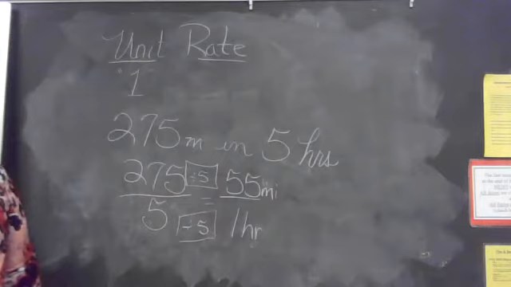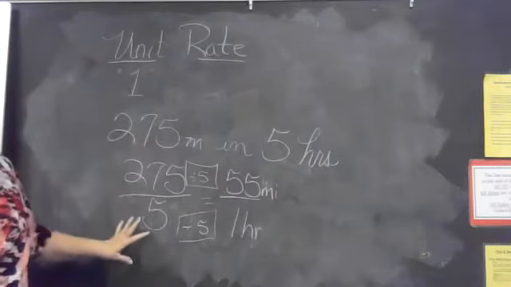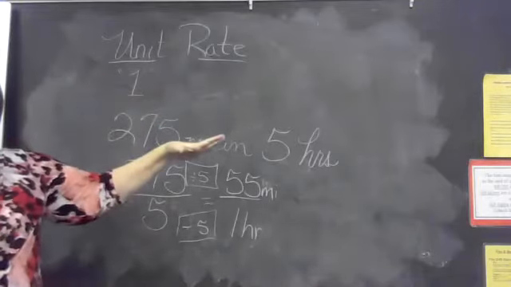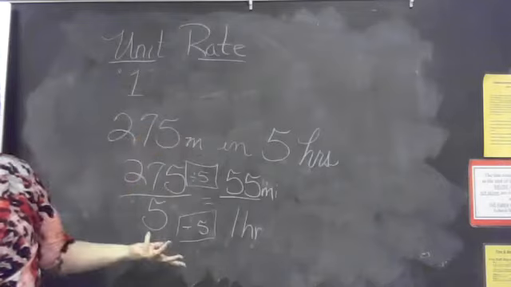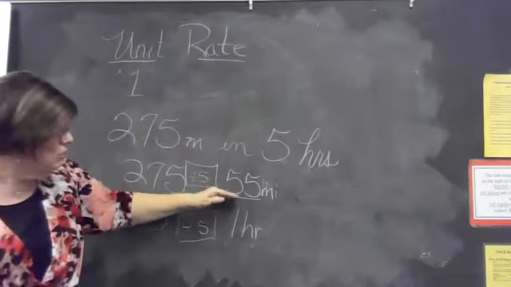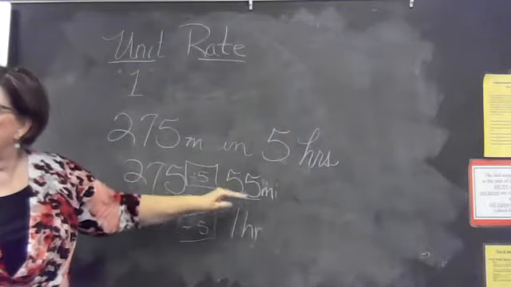Did you get 55? So that means if he drove at a constant speed and went 275 miles in 5 hours, then what speed was he driving? The speed he was driving is how many miles he goes per 1 hour. 55 miles per hour.